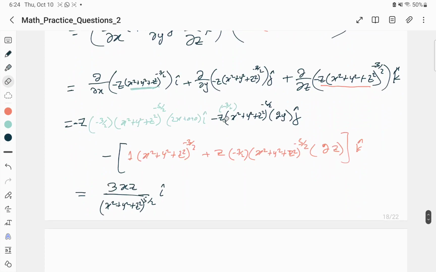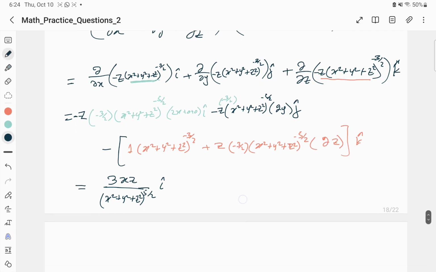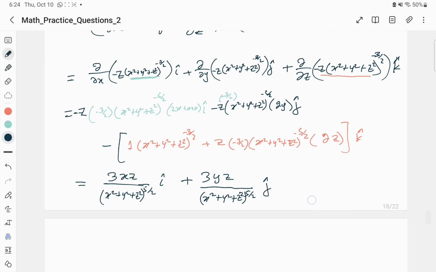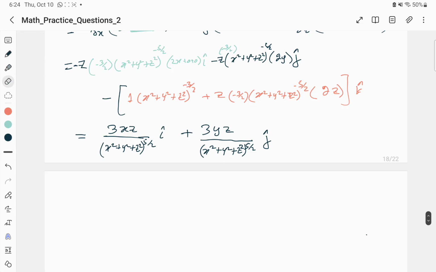So this 2 will be cancelled with this 2, and negative negative will become positive, 3yz divided by x square plus y square plus z square to power 5 by 2, and this is the j component. And now we simplify the last component.